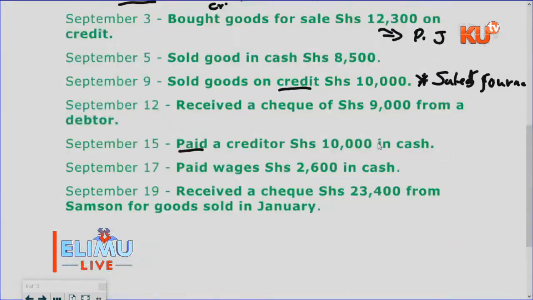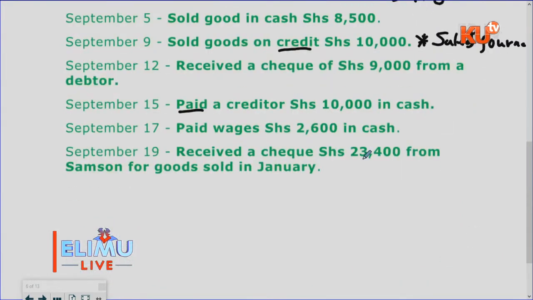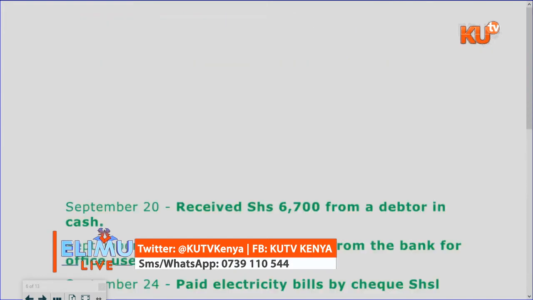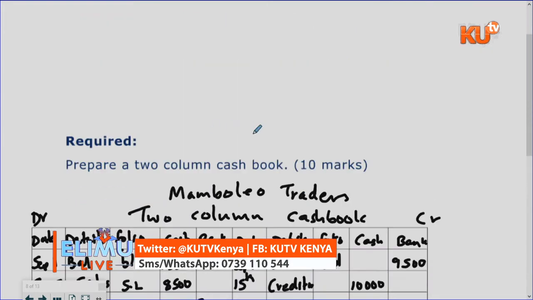The next transaction was done on September 17th. Paid wages 2,600 in cash. We paid wages. When we pay money out, that's money out of the business. Therefore, that one is again credited. We credit that one. We'll come to this side.